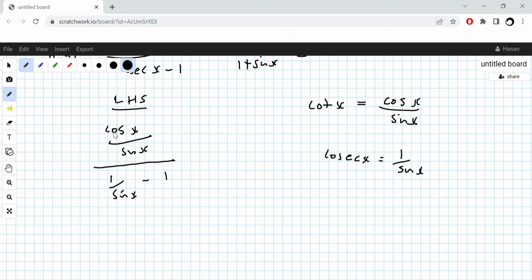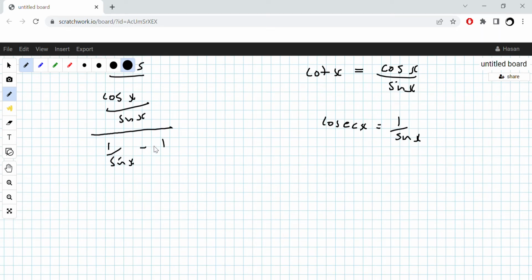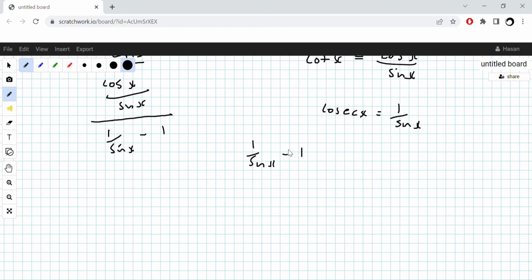And then we can rewrite the denominator, which is 1 over sine x minus 1. We can rewrite this by making the denominator the same, which is changing this 1 to sine x over sine x. So we have 1 over sine x minus sine x over sine x.